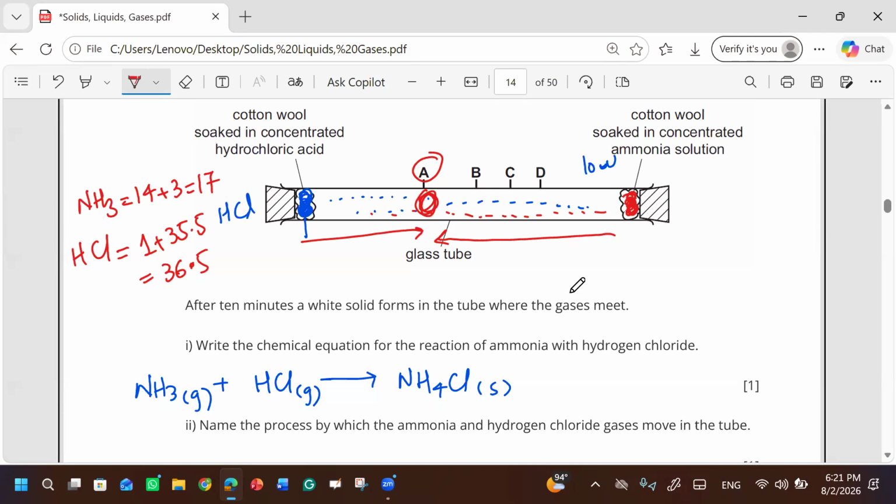I think at B then. No, it will form at A. The position will remain the same, but the time will decrease. Ammonia is lighter in weight, so sometimes we get confused and think this will form at B. This is not the case.